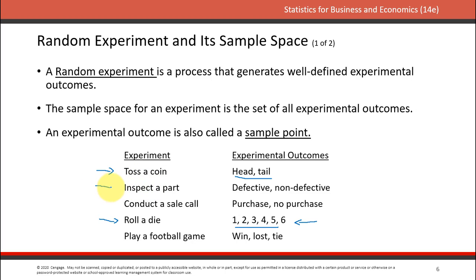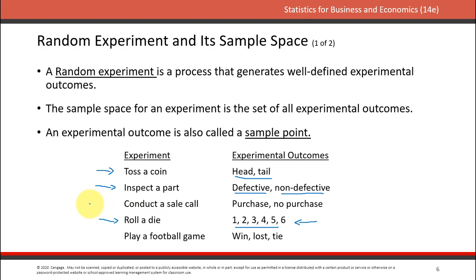Inspect a part. I guess, in a machine production environment, you check whether it's defective or non-defective. So those are the two outcomes. We could say the experiment consists of these two different outcomes.